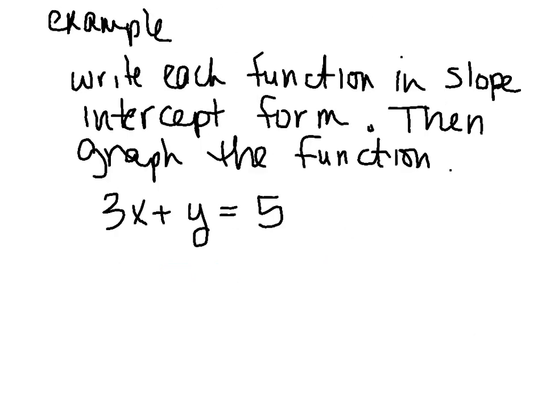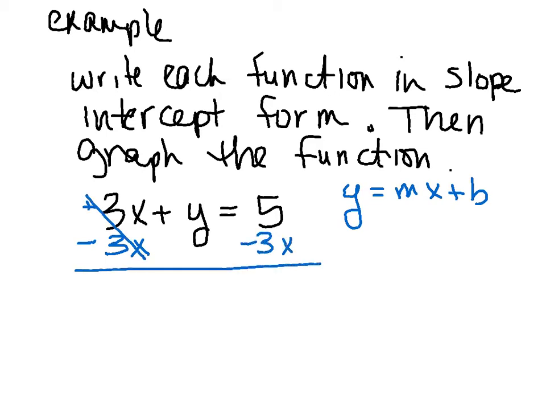Example: write each function in slope-intercept form, then graph the function. So we need slope-intercept form, y equals mx plus b. Okay, we're going to do some algebra. I'm going to subtract 3x from both sides because it's currently positive. Subtract 3x from both sides. I'm left with y equals negative 3x plus 5.